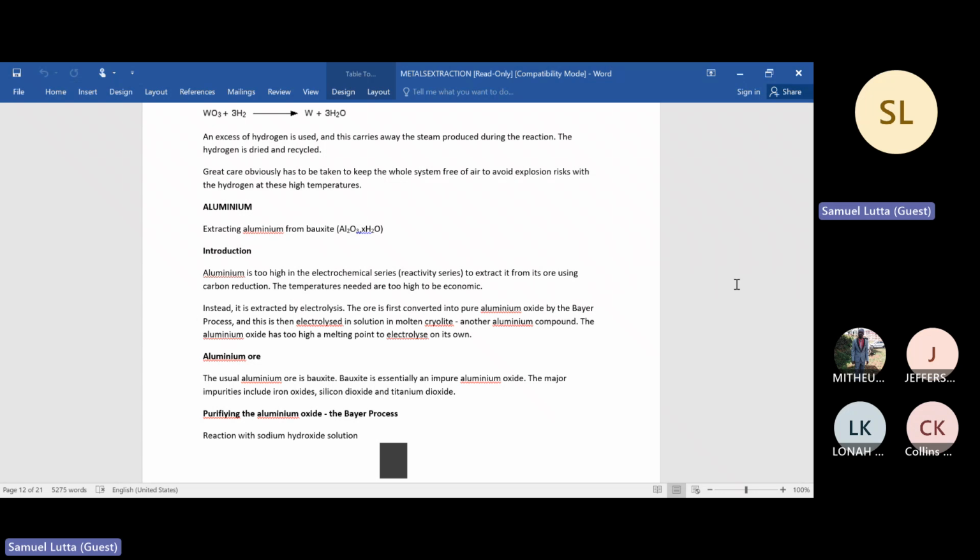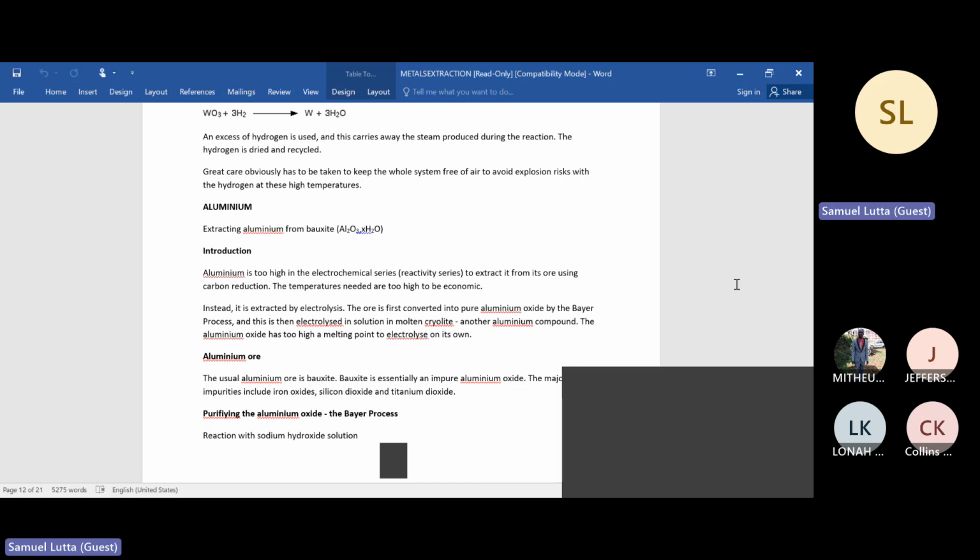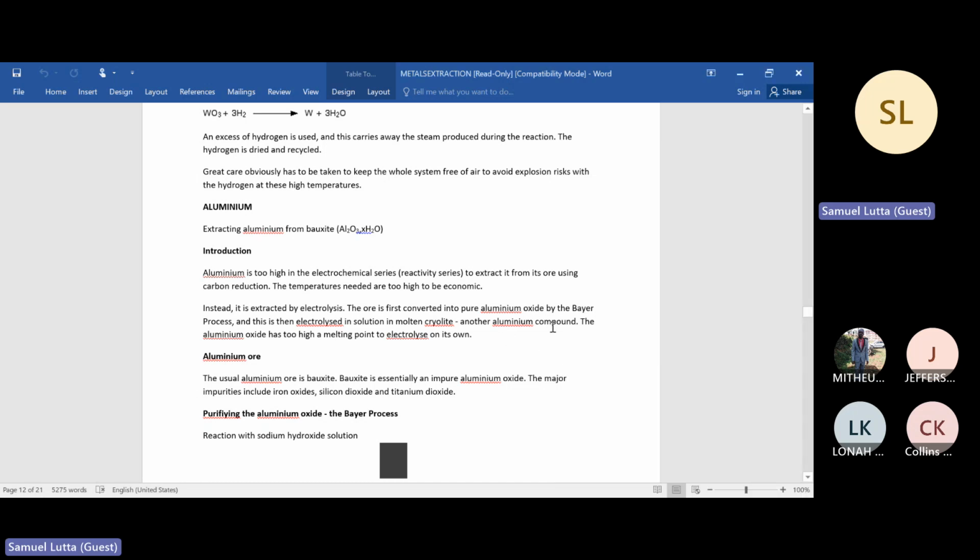So instead of using reduction, we normally do electrolysis. To do electrolysis, the ore is first purified through a process called the Bayer process. Then electrolysis is carried out in a solution of a compound called cryolite, which you are going to see shortly.